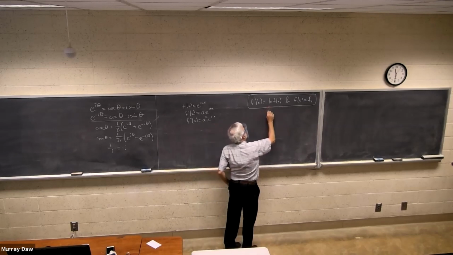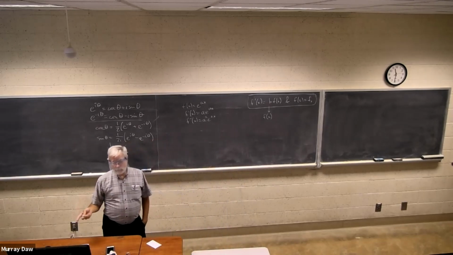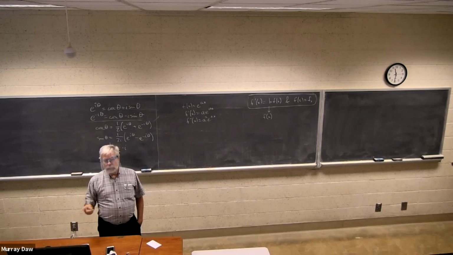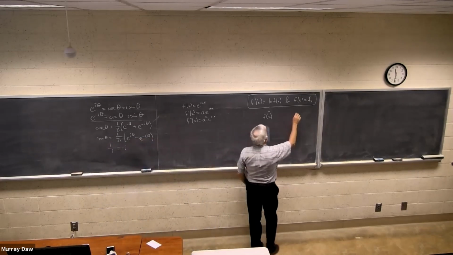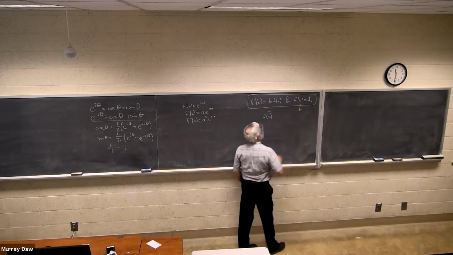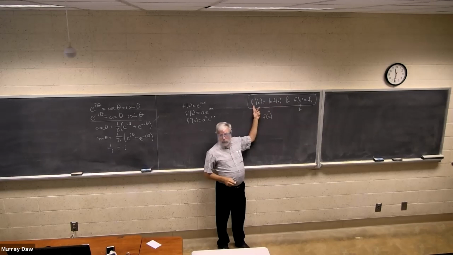So what we're looking for is a function, f of x, whose derivative is proportional to its value. Unlike an algebraic equation where we're looking for specific numbers to solve an equation, here we're looking for a function. And that's how differential equations are distinct from what you've done before with algebraic equations. This places a condition on the function, and we'll find that this has a whole set of solutions.